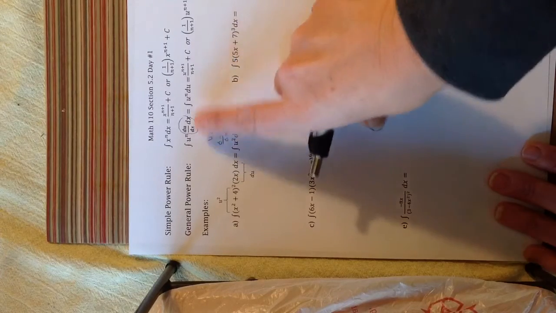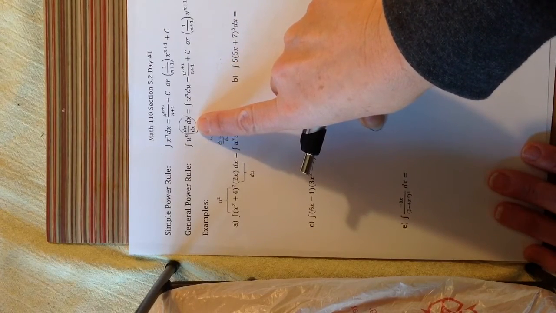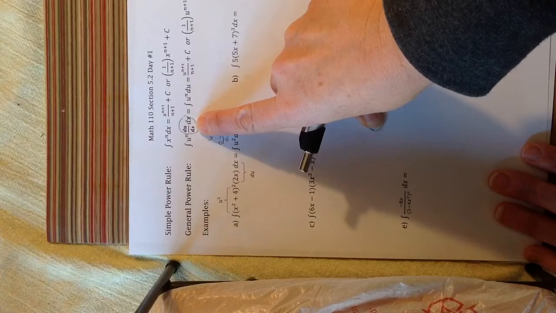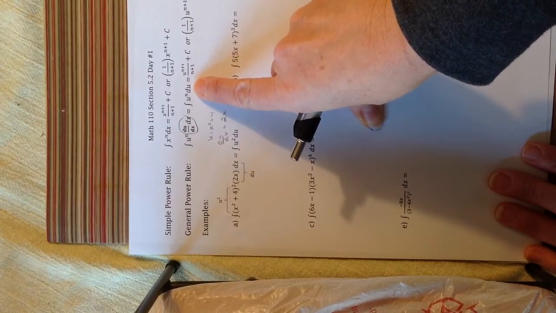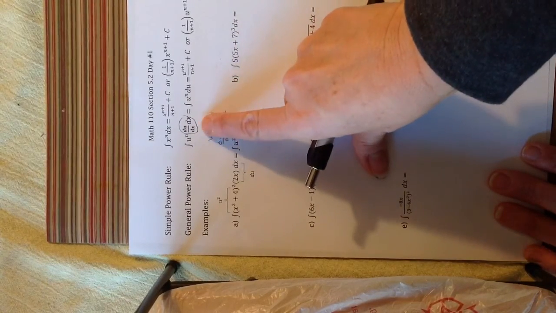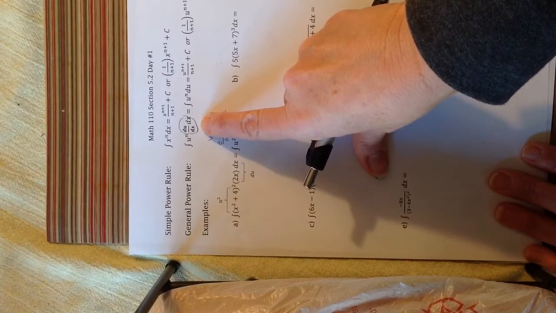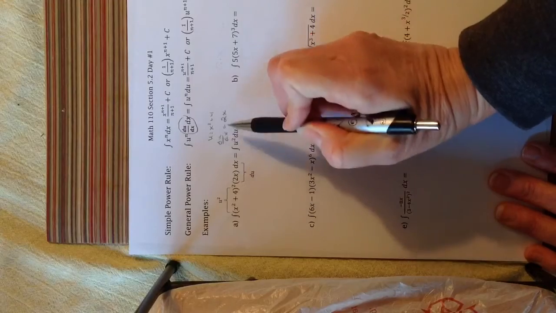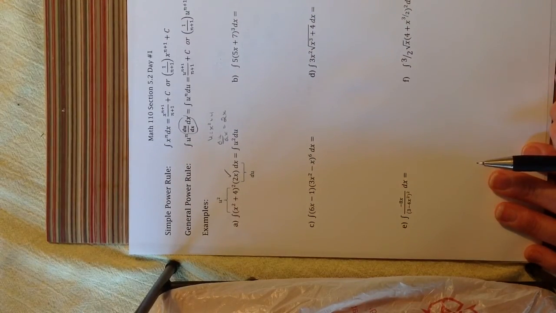But we can only do that if du dx is there to turn dx into du. So we always have to check and make sure it's there. And in all of these problems here, it'll be there. And we'll talk about when I get back what to do when it won't be there. All right, so we're going to do a little check and say, yes, du dx is there.